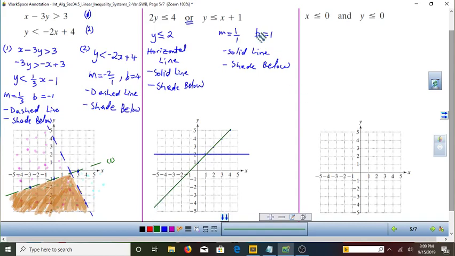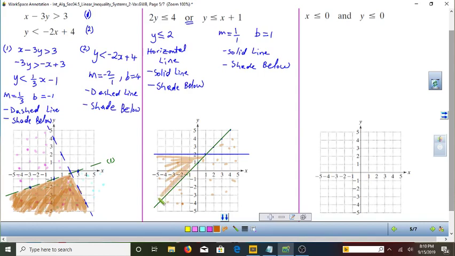And then doing my little trick, since this is an OR, actually any region that would normally be shaded gets counted. So this one is shade the regions below, and this one shade the regions below. So all the regions that would normally be shaded, we get those.